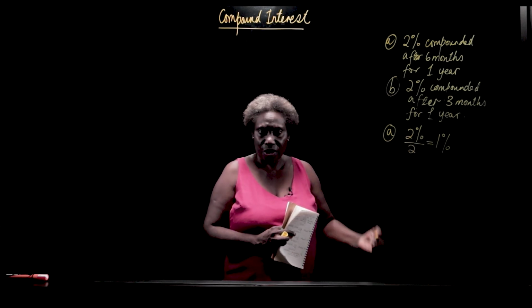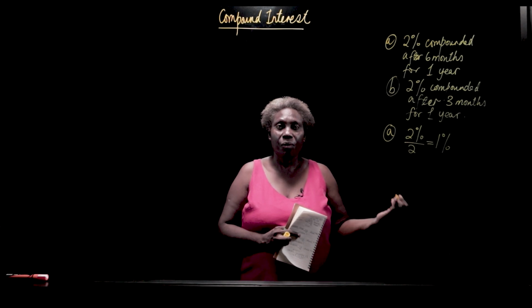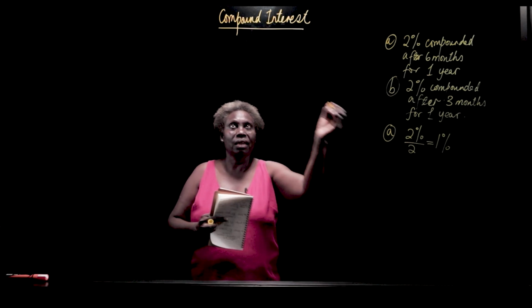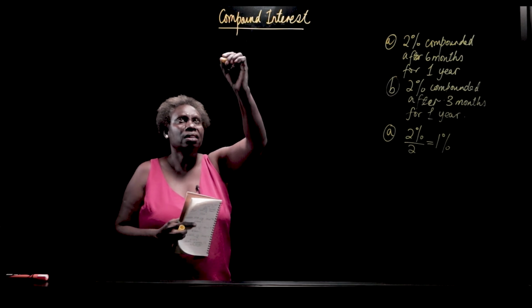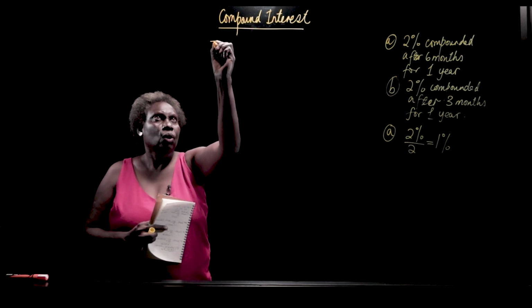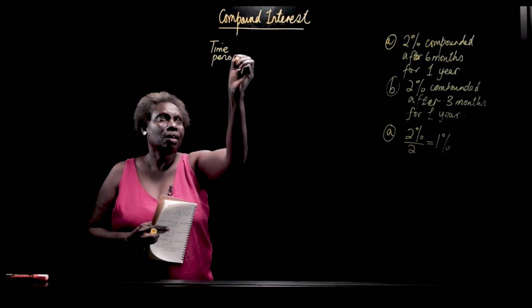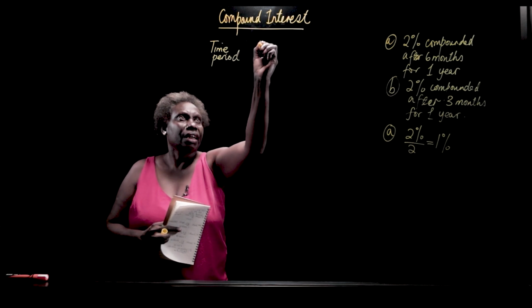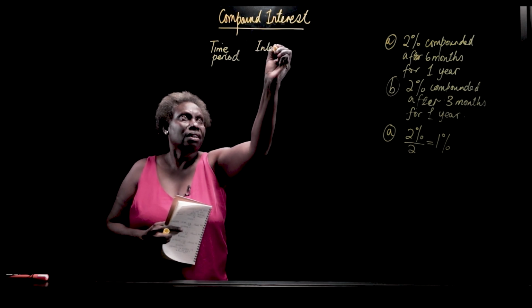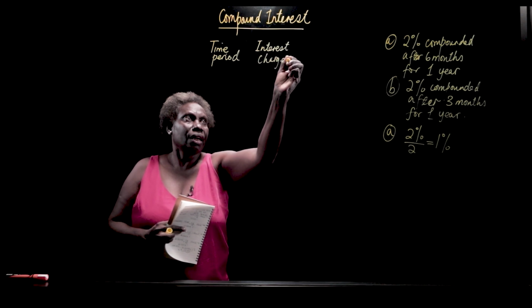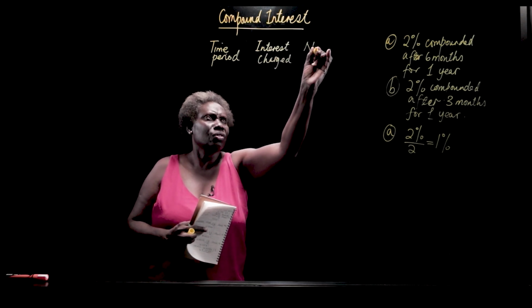So after 6 months, 1% of interest will be added to 500,000 kina. Let's see how it works. The first thing that we have to put is the time period, and then the interest charged and the new principal.